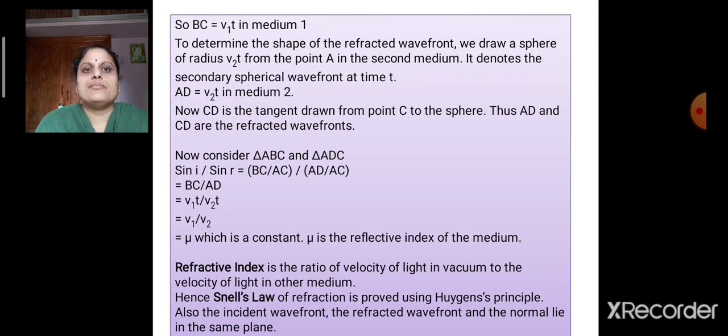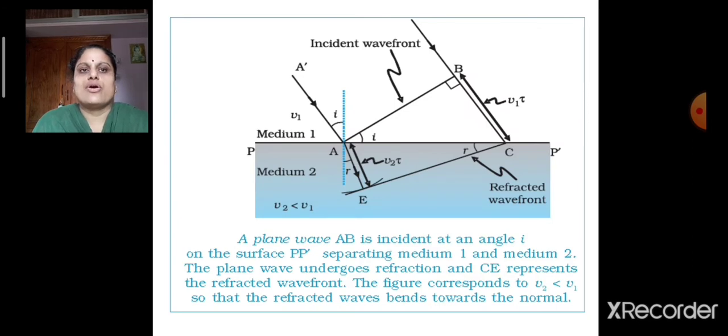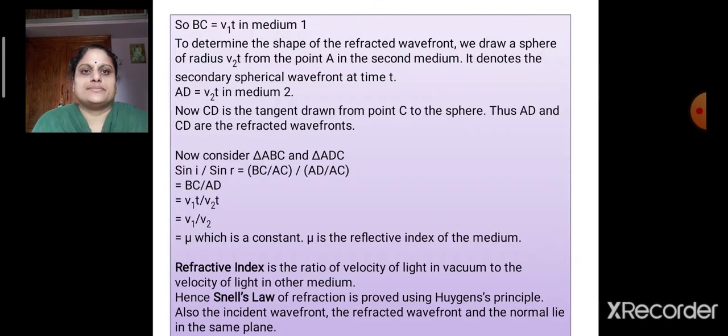So we have seen distance BC is equivalent to V1 tau. And to determine the shape of the refracted wavefront, we are drawing a sphere of radius V2 tau from the point A in the second medium. We had drawn a curve from the point A having a distance V2 tau in the second medium, then that will denote the secondary spherical wavefront at time tau.